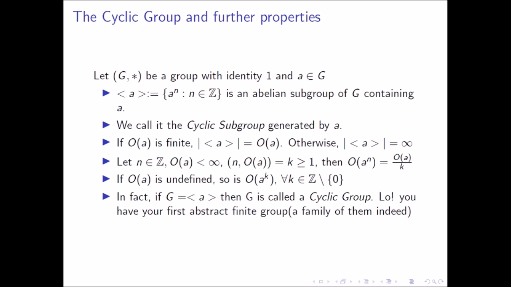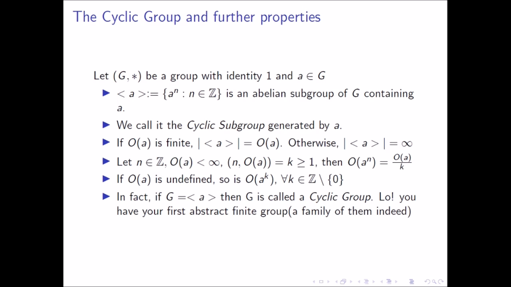Now this next property tells us the order of a power of A in terms of the order of A. Just go through it once, it's not difficult. This sign over here represents GCD, or the greatest common divisor, or what you might have heard as highest common factor.